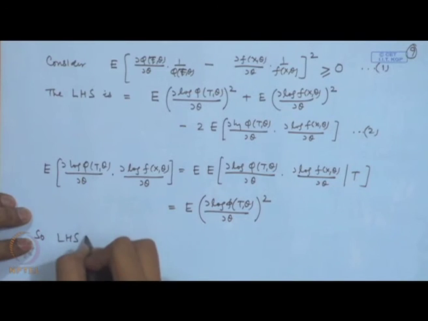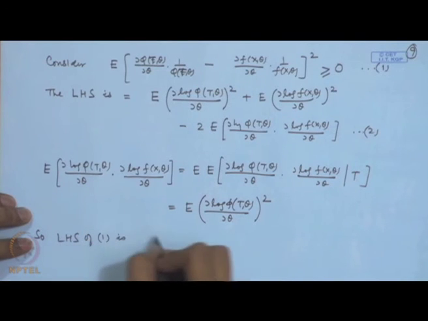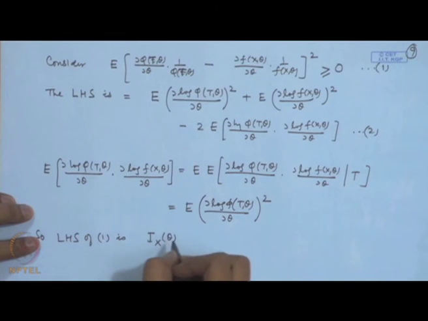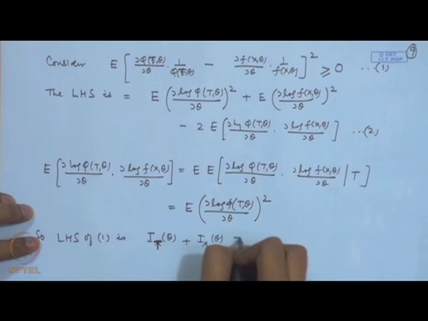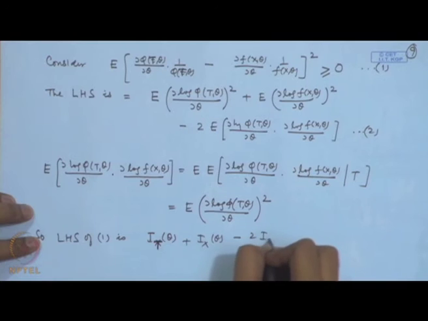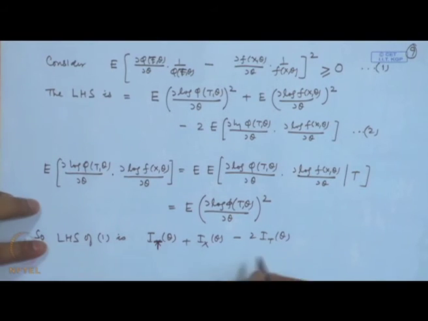The left hand side of 1 is then, the first term is information in T, plus information in X, minus twice information in T, that is equal to information in X minus information in T, and the right hand side says that it is greater than or equal to 0.